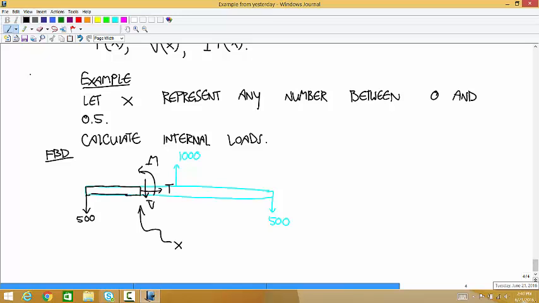They're not going with the 0.25? Right, we're not. This x is what 0.25 used to be. So it could go all the way up to 1,000? Why did you say between 0 and 1,000? Well, the reason that I didn't let it go farther than 0.5 is this would not be an accurate free body diagram anymore if we went past 0.5, because we'd be missing that 1,000 Newton force.